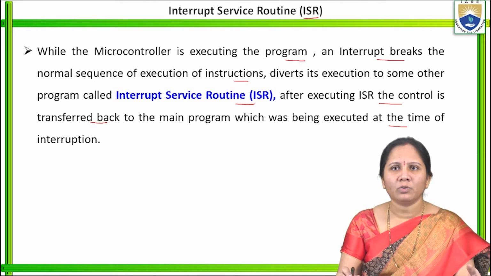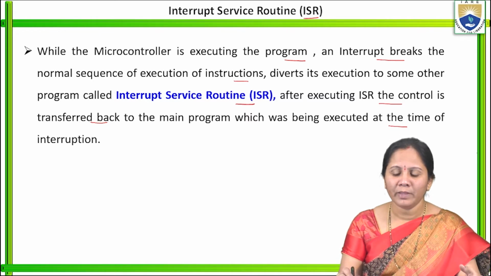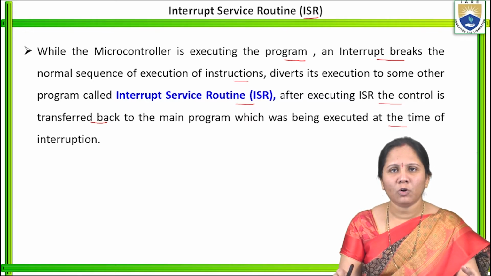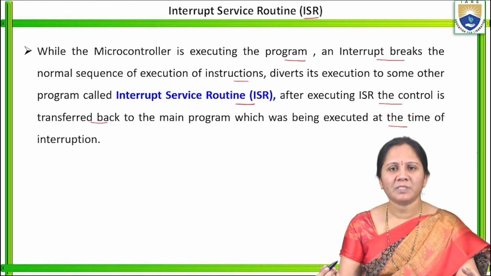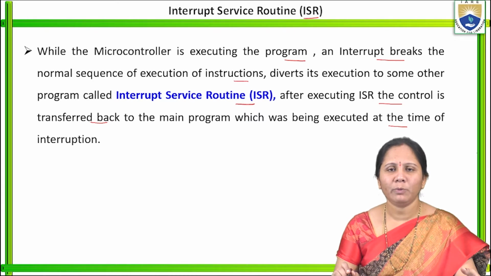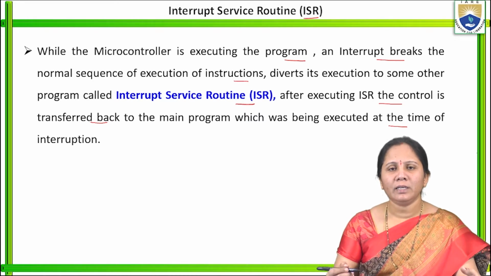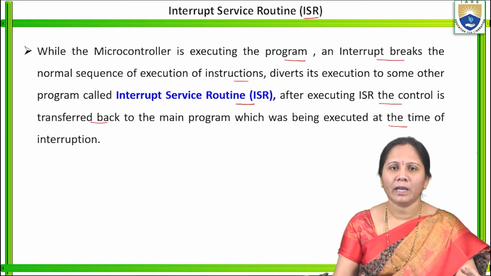So while the microcontroller is executing the program, an interrupt breaks the normal execution of the instructions, then diverts to the interrupt service routine. After executing the interrupt service routine, the last instruction should be the return instruction. When that is executed, the control comes back to the main program, and it continues executing the main program from where it stopped.